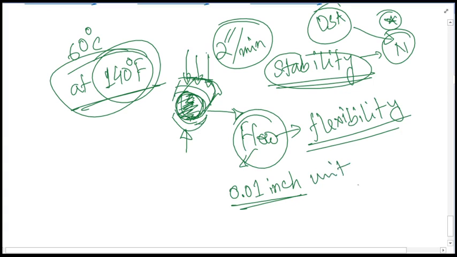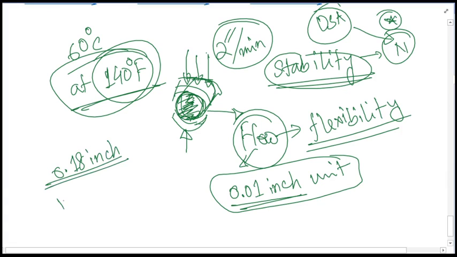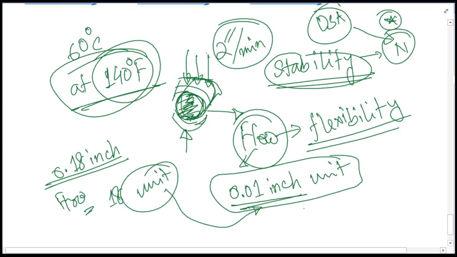So for example, if you get the deformation reading, say 18 units, this unit means the 0.01 inch unit.